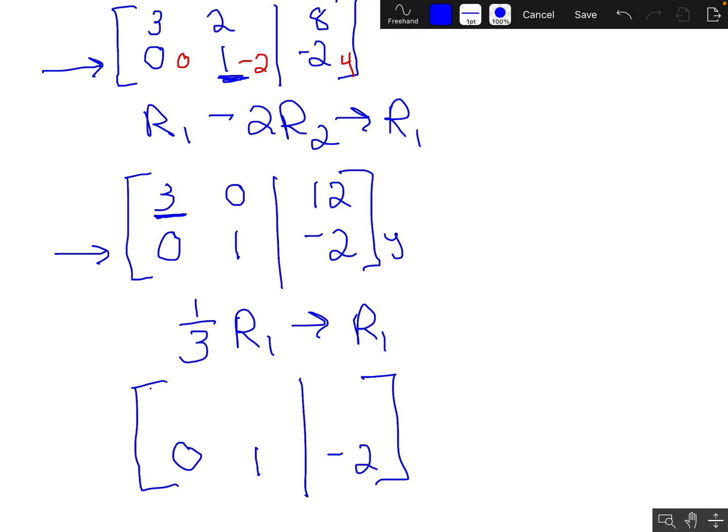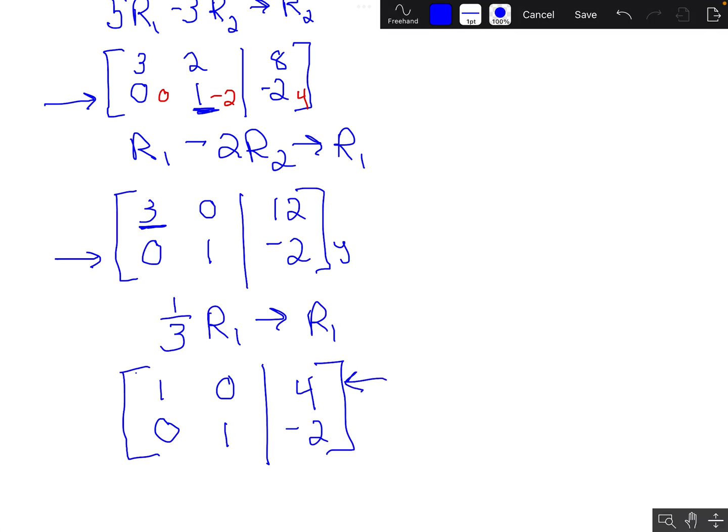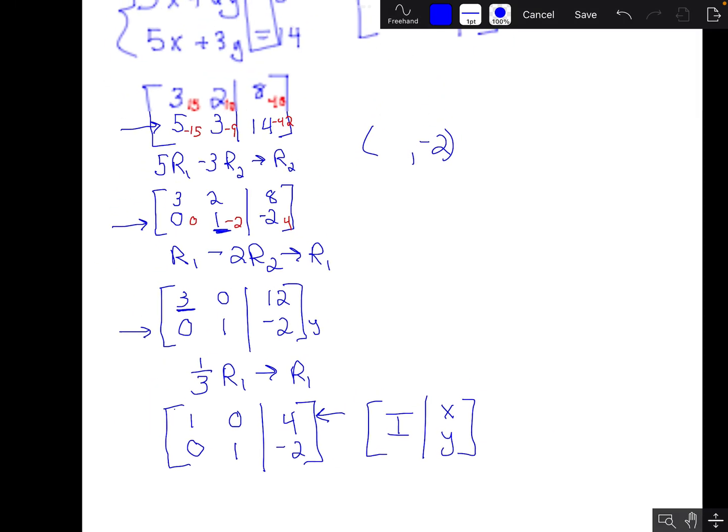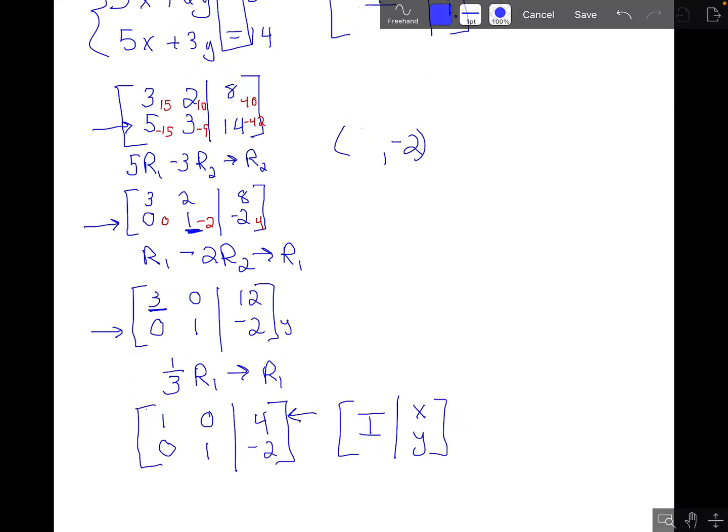And now here, 1/3 of 3 is 1, 1/3 of 0 is 0, and 1/3 of 12 is 4. Now this is my x value. So my solution here is set up where I've got the identity matrix on the left, and on the right I have x, y, my solution. So my ordered pair will be 4, -2.